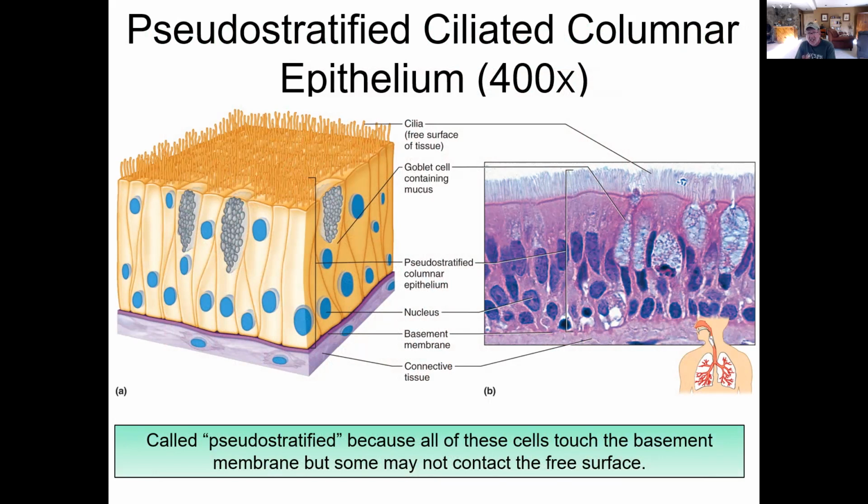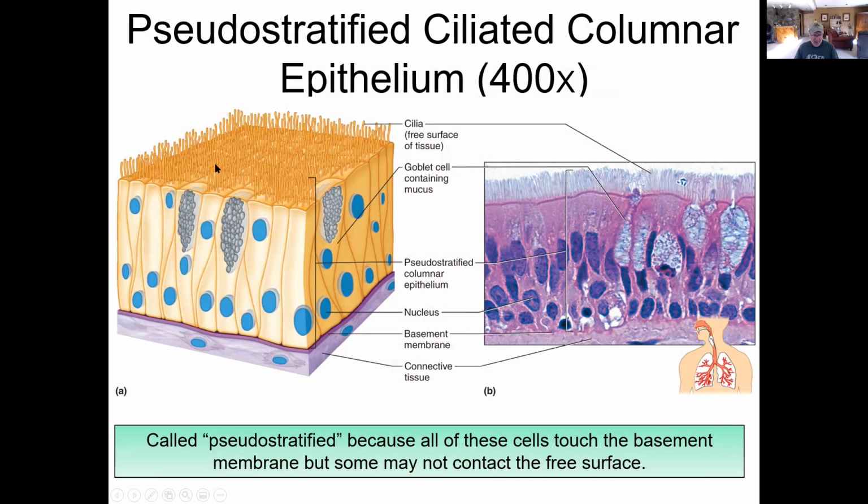This is falsely stratified ciliated columnar, as we might find it, according to the insert here, in the upper respiratory tract. I always think of trachea when I think of this particular type of epithelium, but upper parts of the respiratory passageways also are ciliated.